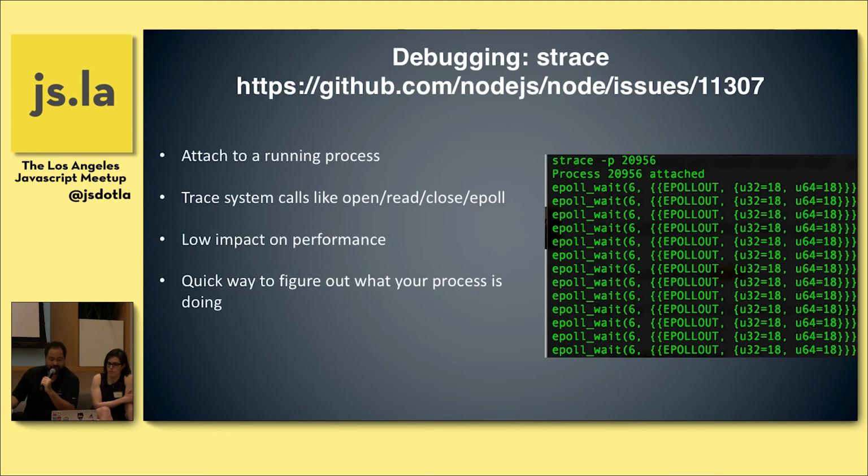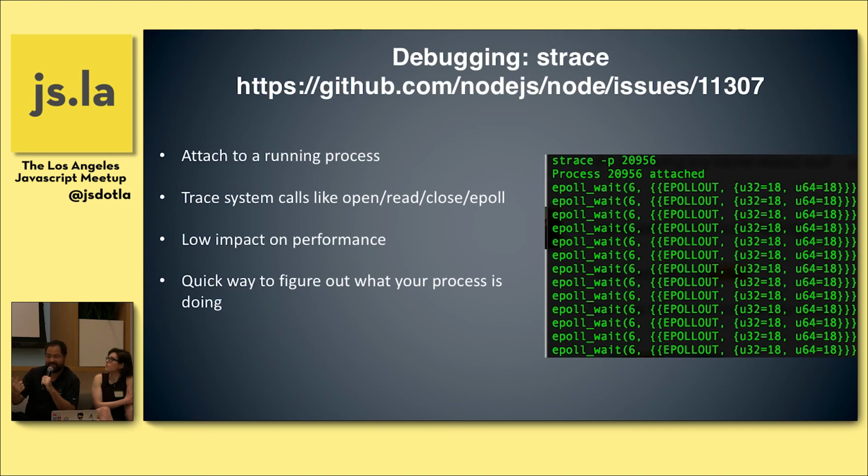Some other tool that we use is strace. We have this Node.js ticket that's open. It's not closed yet. It's been a long time. But we had a system where some socket was always going in and out of EPOLL. I don't know if you're familiar, but Node was thinking that there was some data to read, but there was nothing to read.